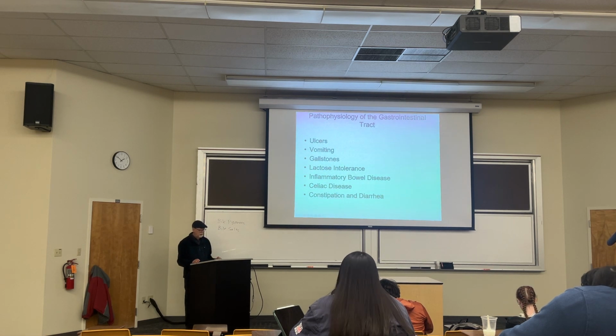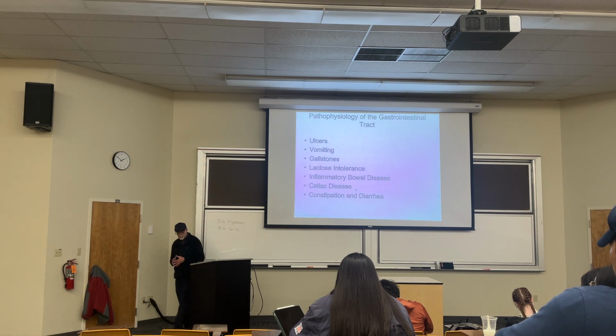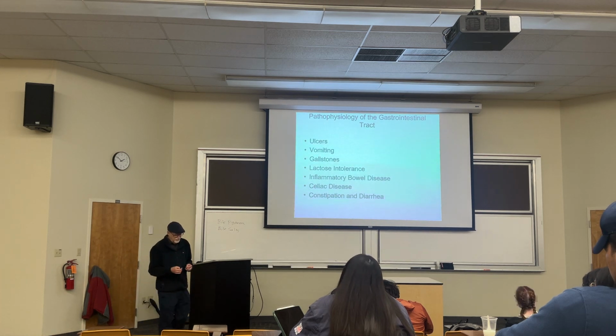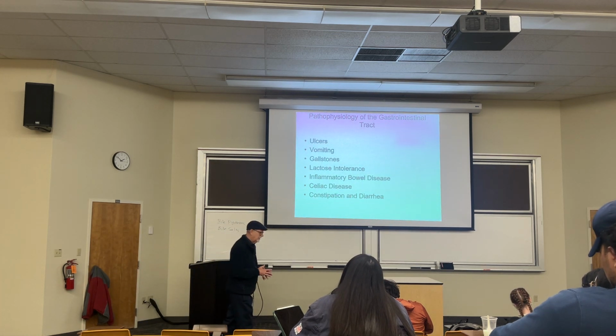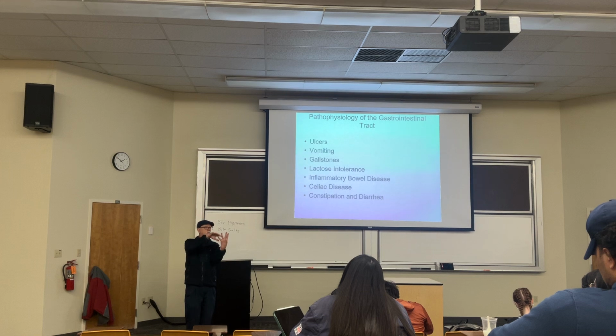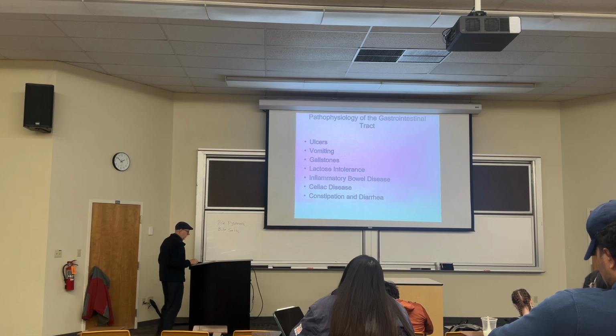Celiac disease is an autoimmune disease where if you have gluten in your diet, then it triggers the formation of antibodies that attack your villi and your microvilli. So your villi are supposed to be these finger-like projections, they get flattened. And so your absorption is compromised.